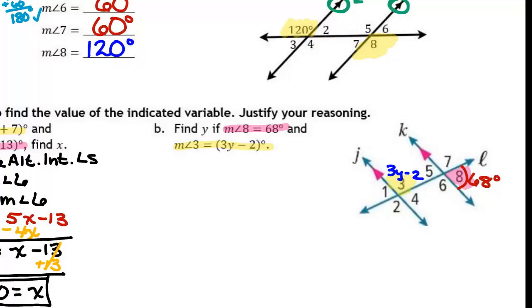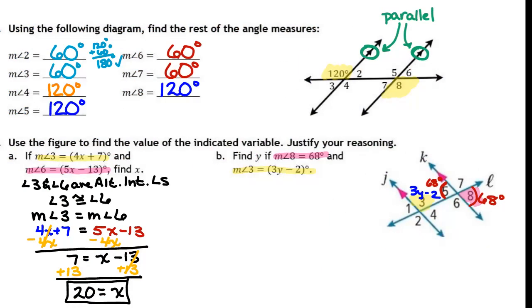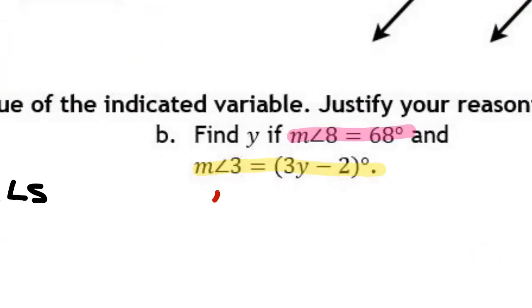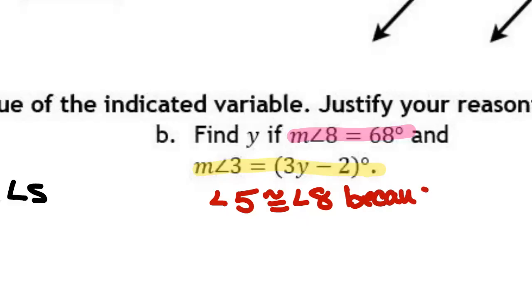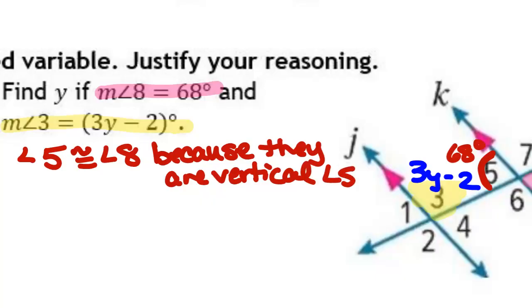Angle 5. Angle 5 would be congruent to angle 8 because they're vertical angles. So this is also 68 degrees. So I'm going to write that down. Angle 5 is congruent to angle 8 because they are vertical angles.